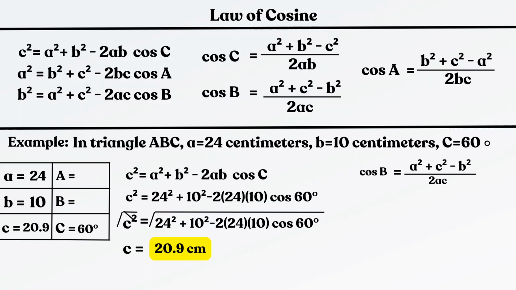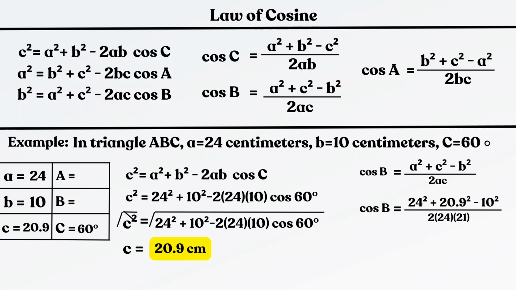The first thing is to substitute the known values. It becomes cosine B equals 24 squared plus 20.9 squared minus 10 squared all over 2 times 24 times 21. Then in the calculator, you must click the shift button, then the cosine.